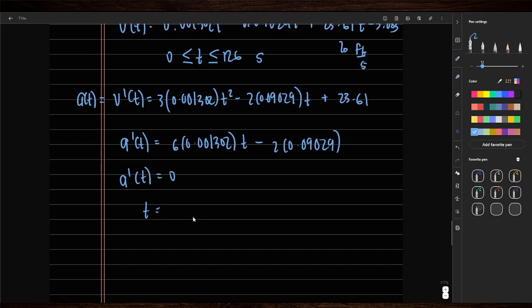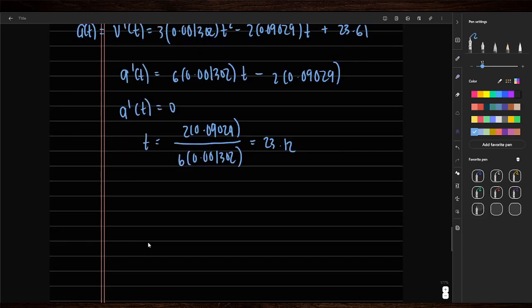This is 2 times 0.09029 divided by 6 times 0.001302, which is approximately 23.12. So you have only one value of t to consider: at time t equals 23.12.